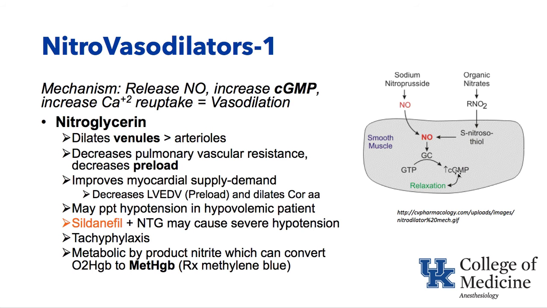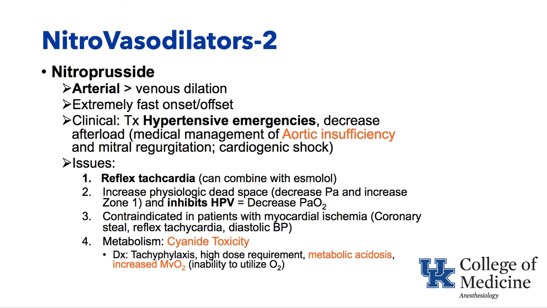One of the byproducts of nitroglycerin is a metabolite nitrite, which can convert oxyhemoglobin, oxidize it to methemoglobin, and methemoglobin can be gotten rid of by treating a patient with methylene blue. Or in most cases, you can stop the drug and it will go away eventually.